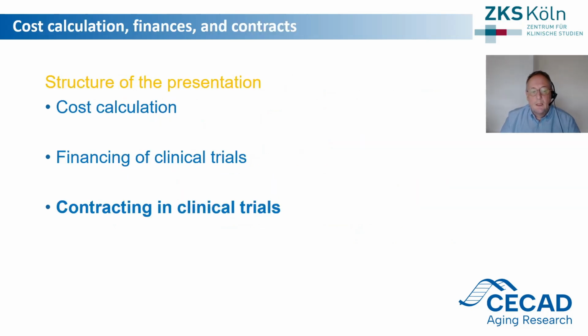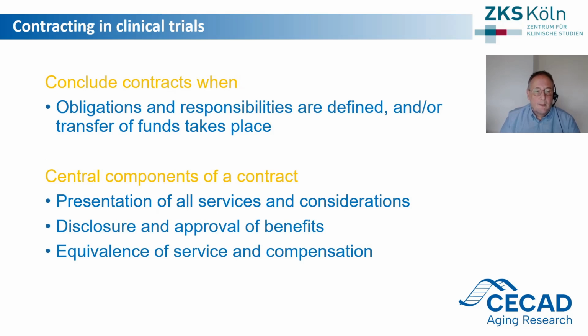So let's take a look into the last of our three topics of today, and this is contracting in clinical trials. You have to conclude contracts when obligations and responsibilities are defined, or if funds are transferred. The central components of a contract are the presentation of all services and considerations, the disclosure and approval of benefits, and the equivalence of service and compensation.